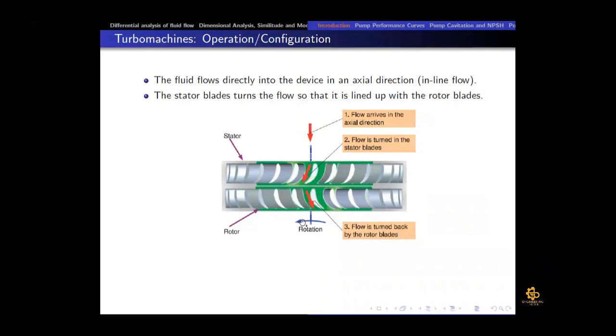First the fluid comes here, and the stator blade, which is the first row, changes its direction so that it can strike the rotor blade in an optimum direction. When it strikes the rotor blade here, it changes direction. Because of the change in direction, a rate of change of momentum occurs, and rate of change of momentum is equal to the net force which is going to act in this direction from right to left.